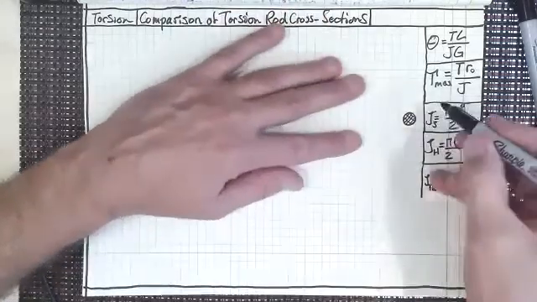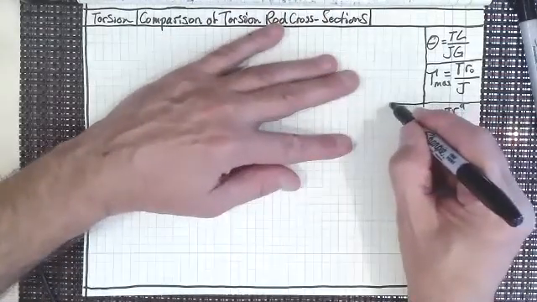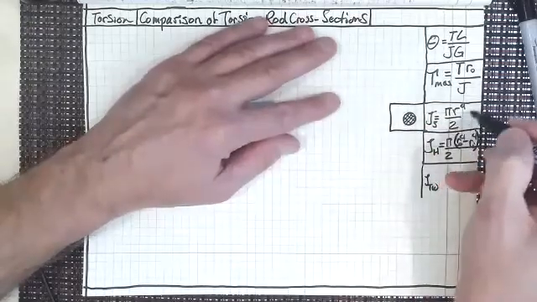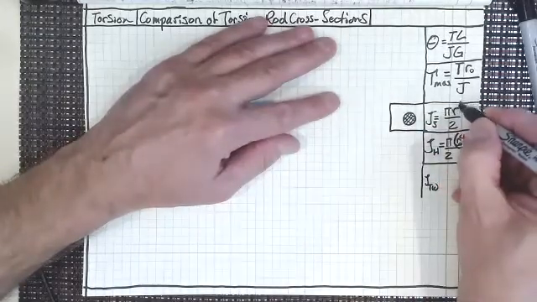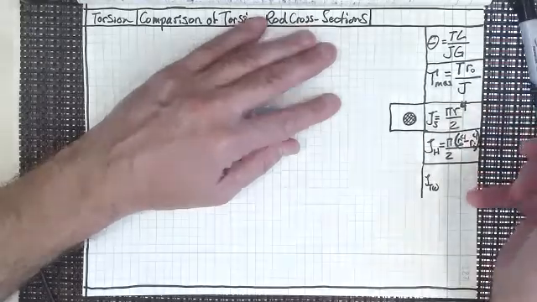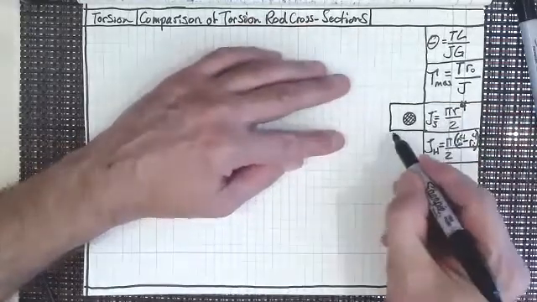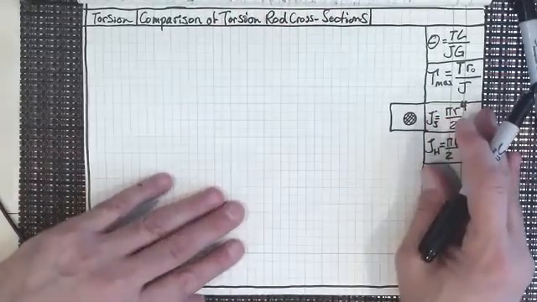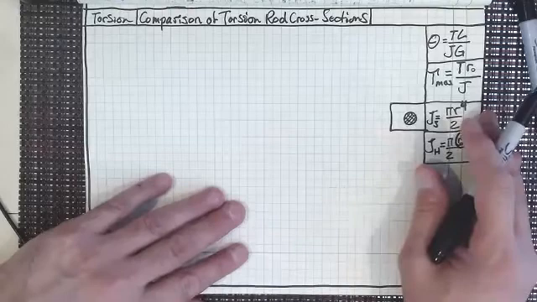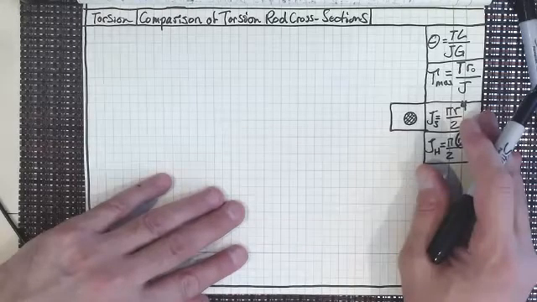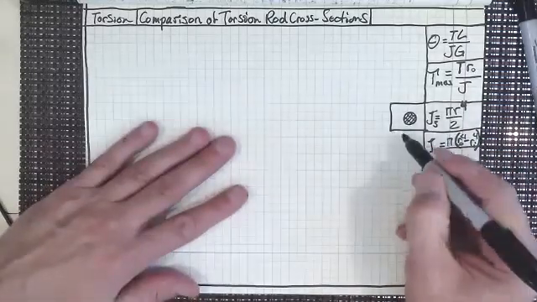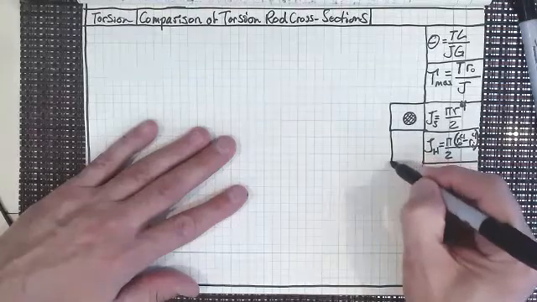That would be what J would be for that solid cross section. Hollow cross section. Now, a hollow cross section really takes everything that's hollow all the way down to about 5%. So anything that you've got, I wouldn't say, let's say 10%. You could use thin walled approximation at 10%.